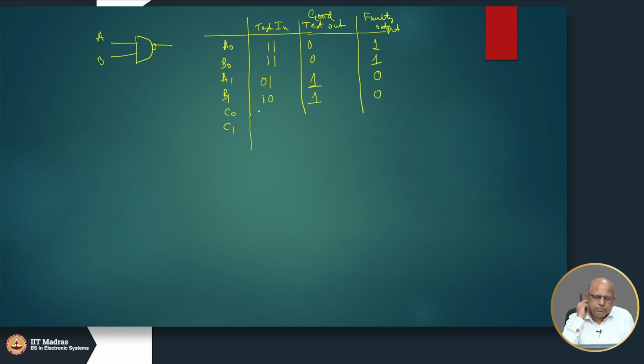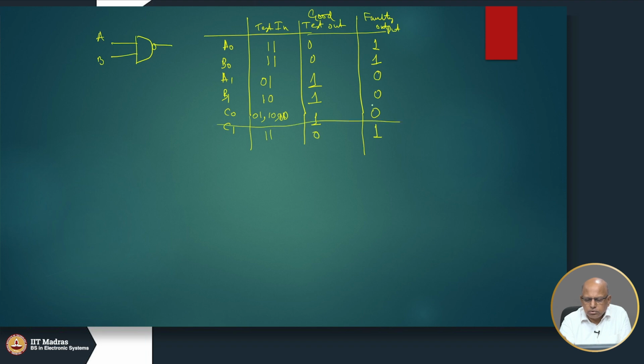What about C0? Somebody is claiming that C is stuck at 0. If you can show that C can become 1, we are done. And there are three possibilities, we can put 0 0, 0 1 or 1 0. Either of these will work. If you put any of these three, the output will become 1, a faulty circuit will produce a 0. For C1, a faulty circuit will produce a 1, and 1 1 will produce a 0.